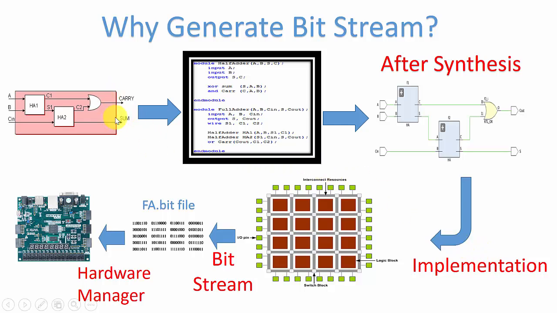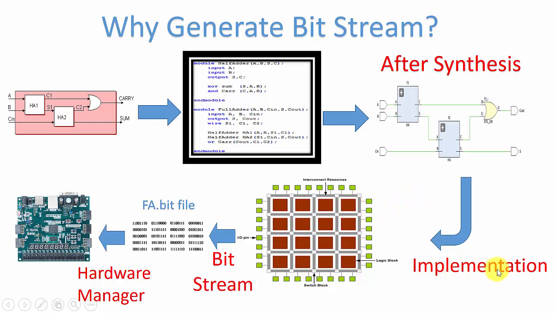Let us see the overview of the complete design flow. First, we take either a logical block or a truth table. We write it in our Verilog code, and that Verilog code is converted into a logical diagram, again based on the CLBs and the components available. After that, we transfer this logical diagram to our FPGA.